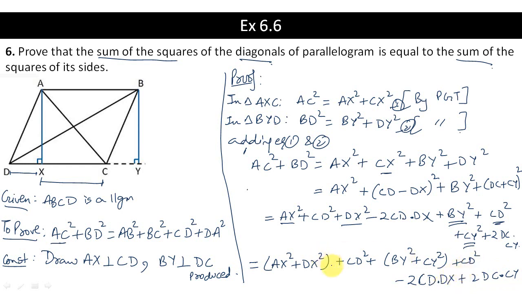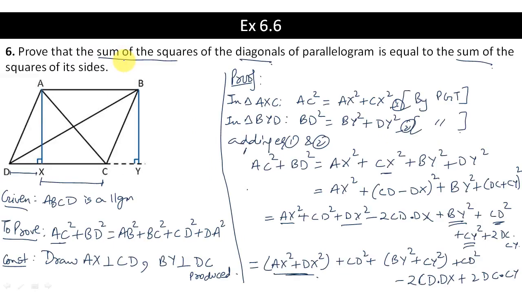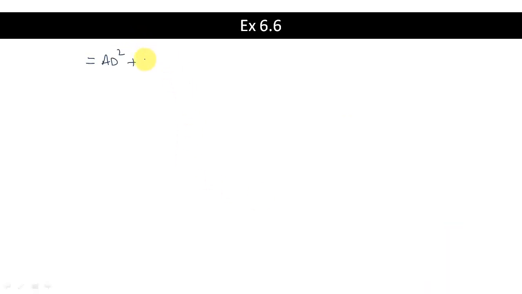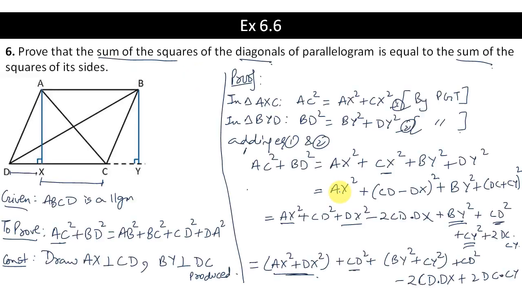Now this AX square plus DX square: if we consider triangle AXD, AX square and DX square will form AD square by Pythagoras theorem. Next is CD square, which will remain same. BY square plus CY square will be equal to BC square.